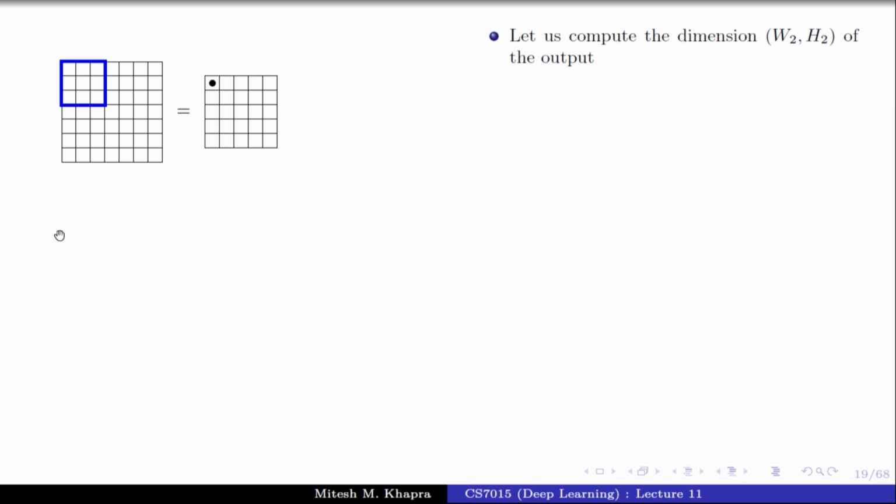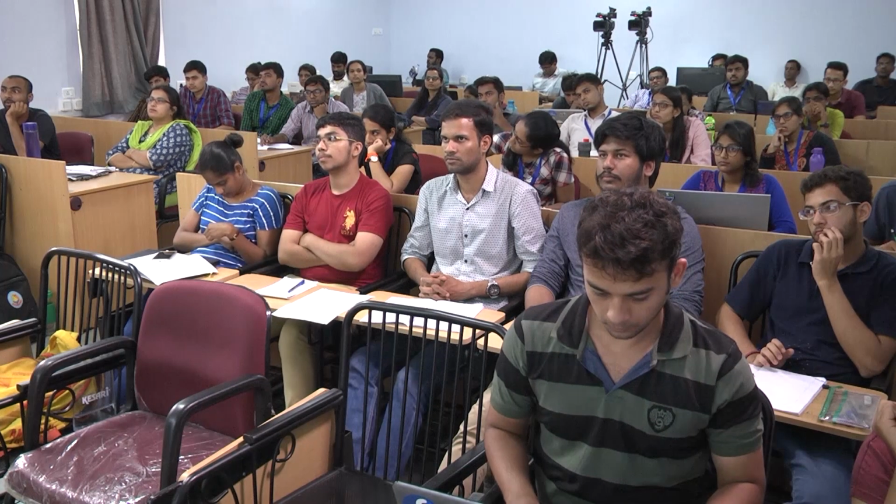So let's consider the simple case where you have a two-dimensional input, and now I apply a 3x3 filter to it. What's the size of the output going to be? So my input was 7x7, and I applied a 3x3 filter to it. What's the size of the output going to be? At least from the figure. 5x5. Why?